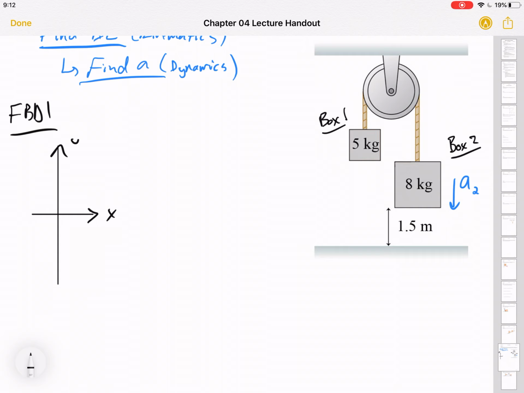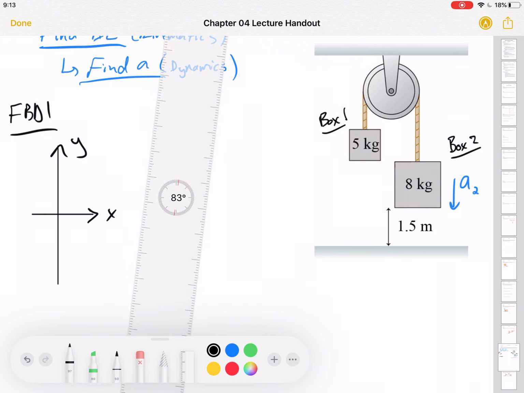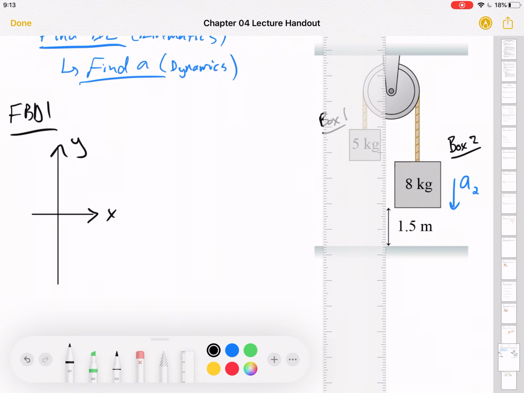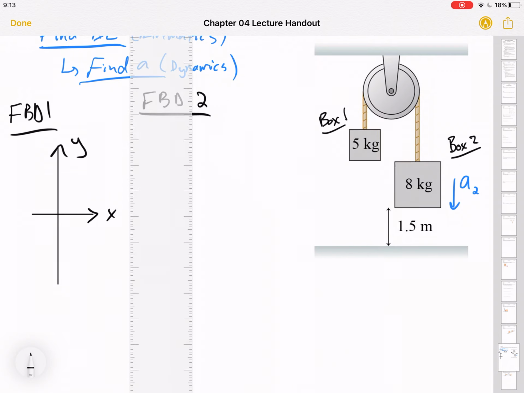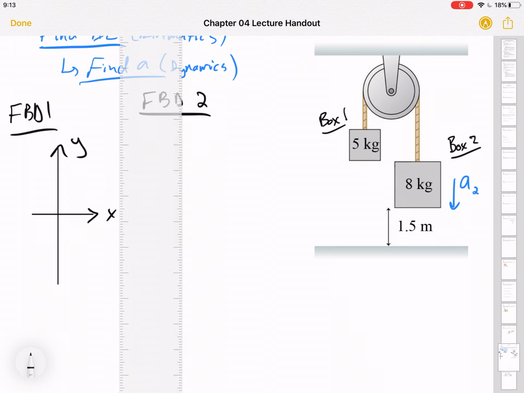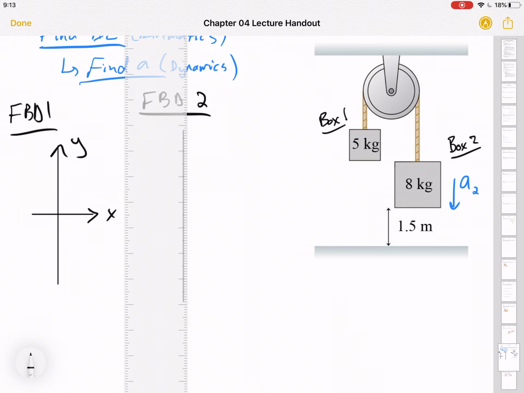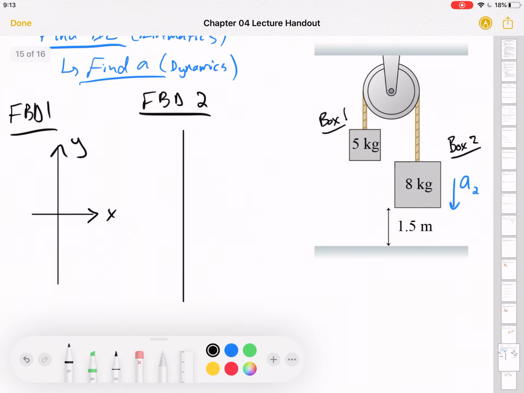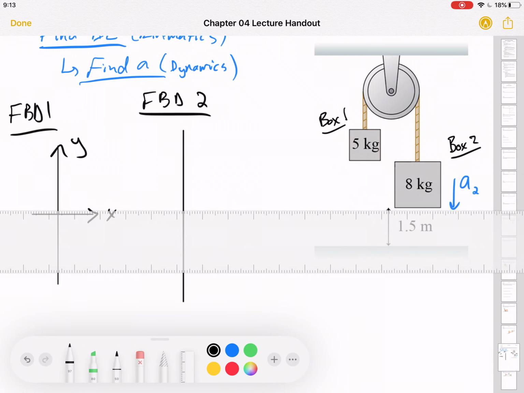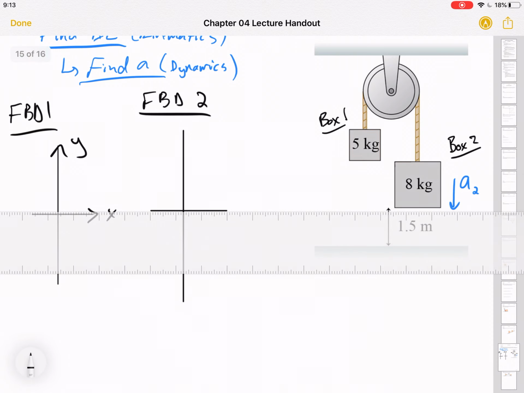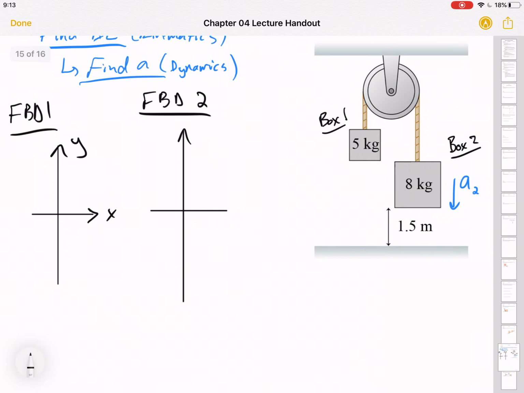So there's the x-axis and there's the y-axis. And since I'm drawing these, let's draw the axes for the second free body diagram too. Not sure why that keeps going away. x and y.